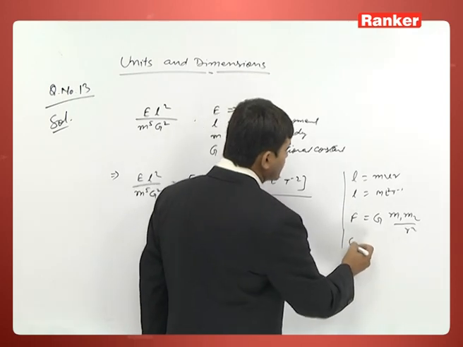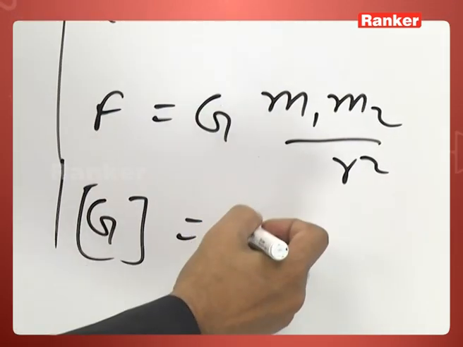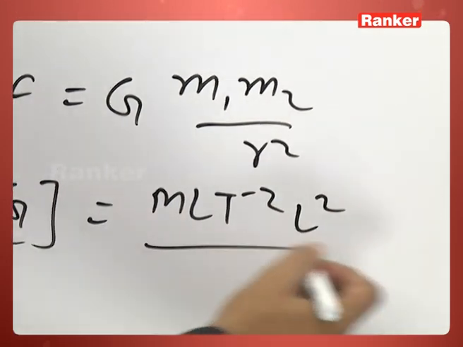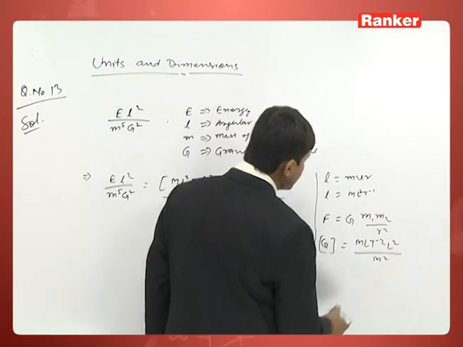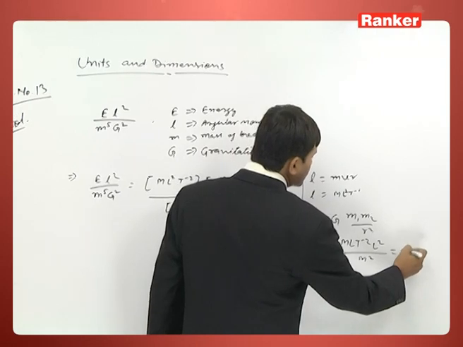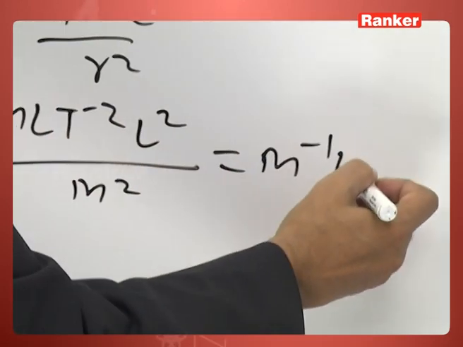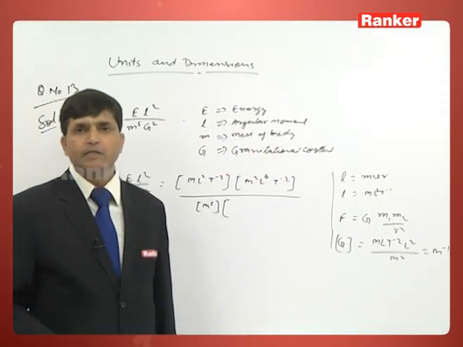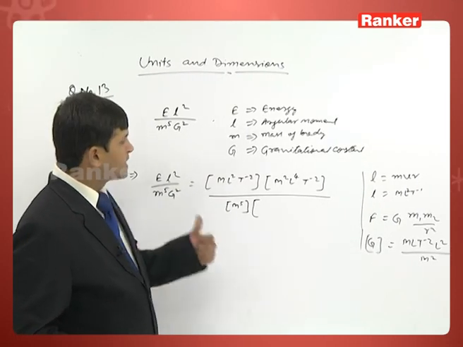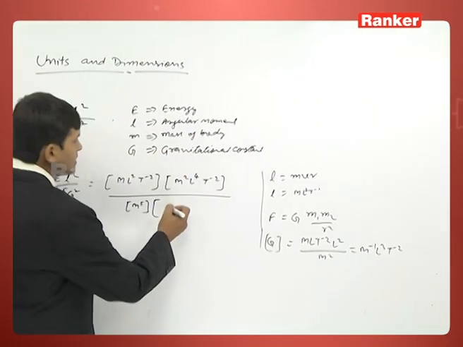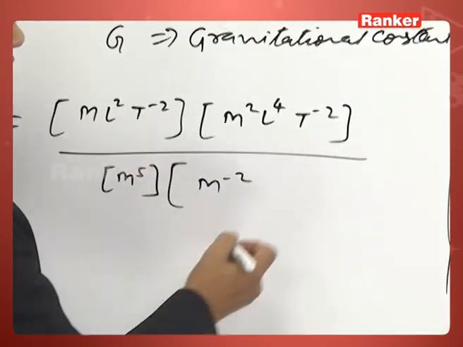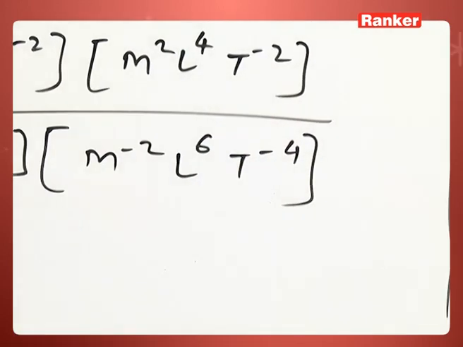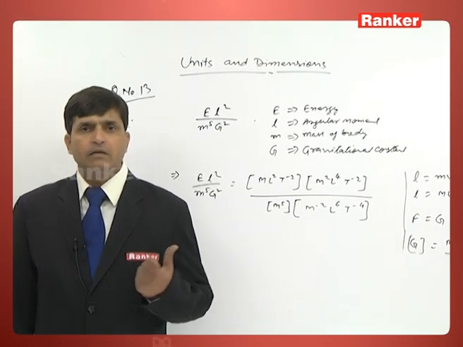So dimension of force is M L T minus 2, dimension of r square is L square, dimension of mass is M square. So the dimension of G will be M minus 1 L cube T minus 2. Now we can put the G square: it becomes M minus 2 L6 T minus 4. So these are the dimensions of all parameters.